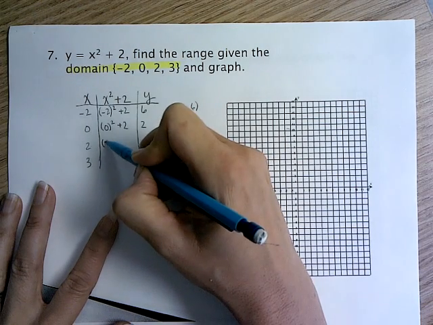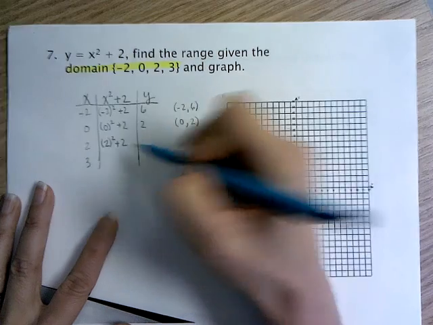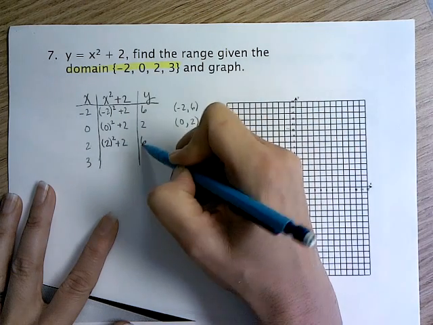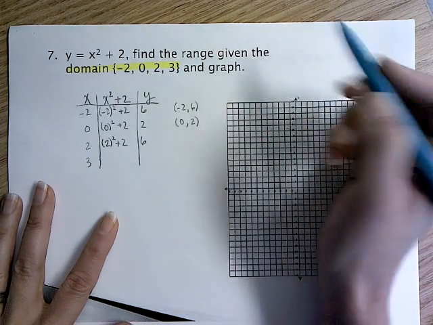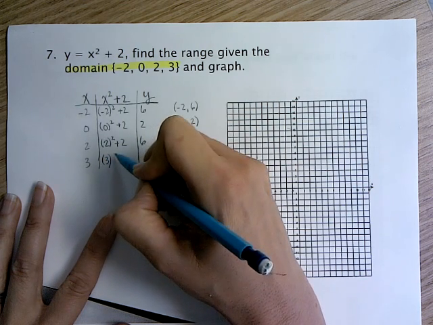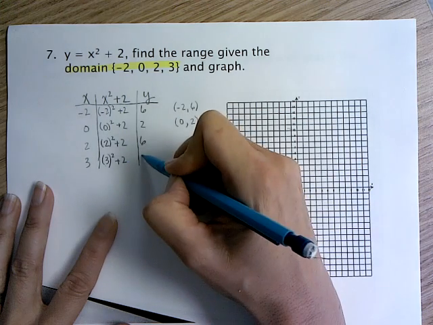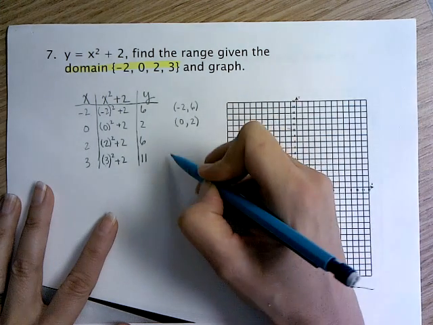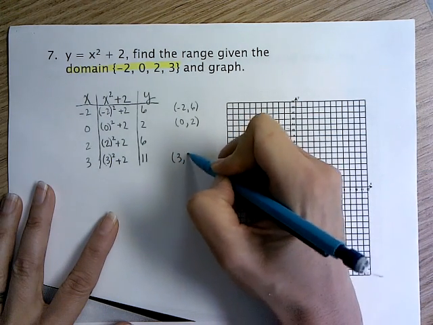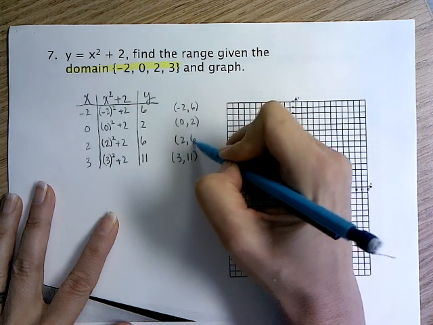Next, my x is 2. 2 squared is 4, plus 2 is 6. Then I'm going to have 3 squared. 3 squared is 9, plus 2 is 11. So my ordered pair there is 3, 11. And I forgot the ordered pair for x equals 2, and that is 2, 6.